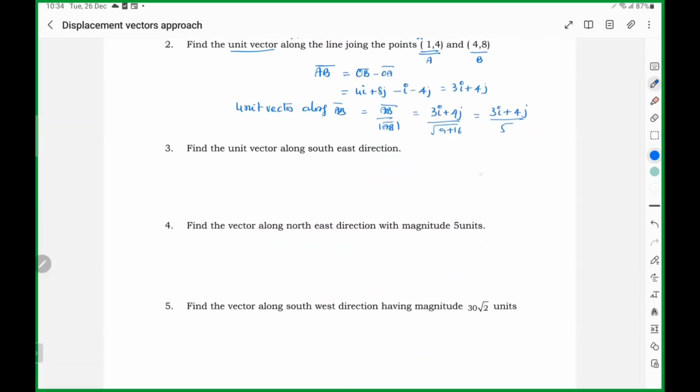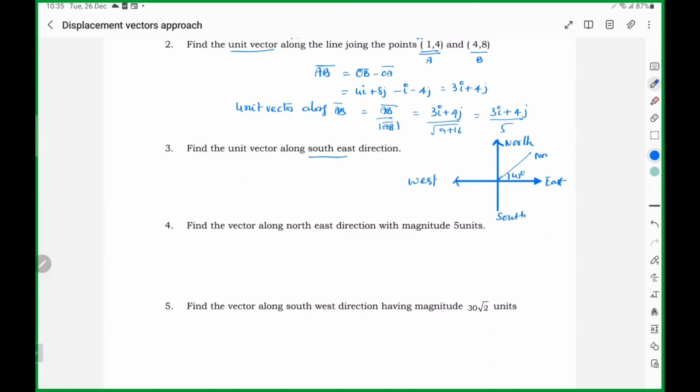Here, the southeast direction. This is east. Here is north. It is south. Sorry, it is west. And it is south. The line exactly in the middle is 45 degrees.